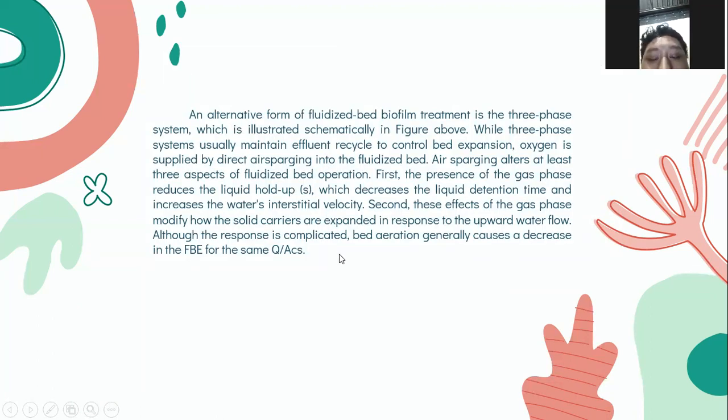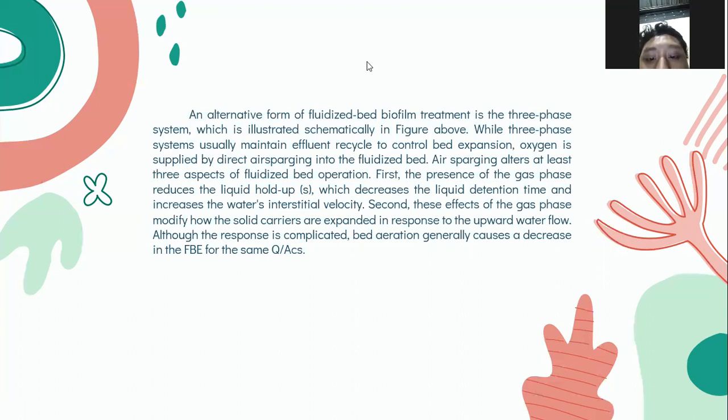An alternative for fluidized bed biofilm treatment is the three-phase system, which is illustrated schematically in the figure above. While three-phase systems usually maintain effluent recycle to control expansion, oxygen is supplied by direct air sparging into the fluidized bed. Air sparging has at least three aspects of fluidized bed operation.